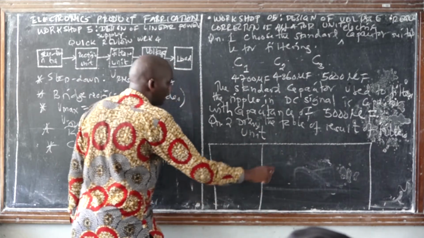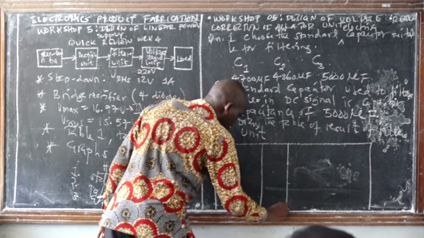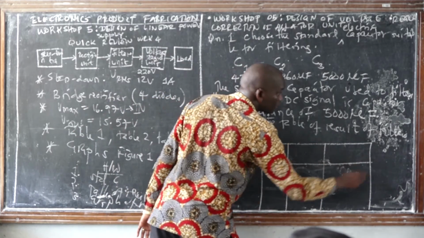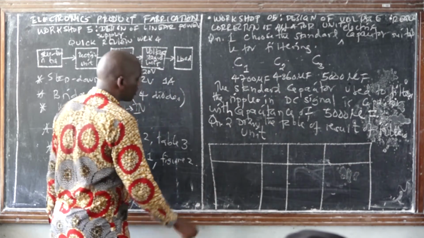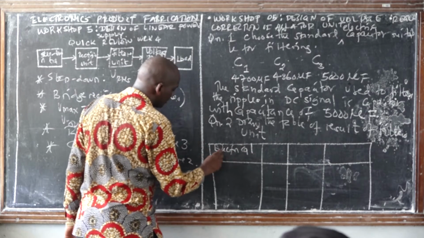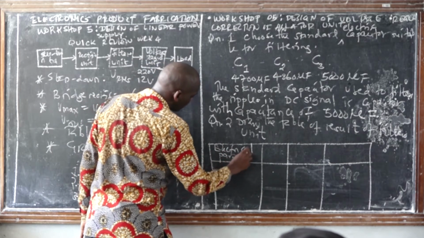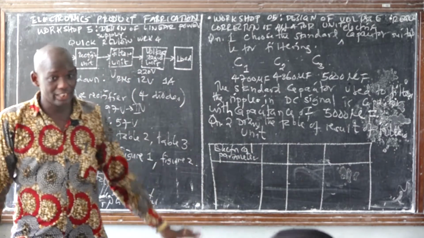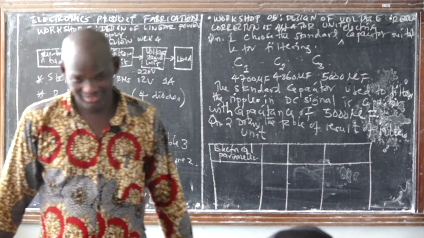So the first column, and here we have the second column, and here we have the third column. The first column is called the electrical parameter, which hopefully I know that you have written it. So now what are you going to write? That's another story. But write the electrical parameter, I know that every student wrote it.